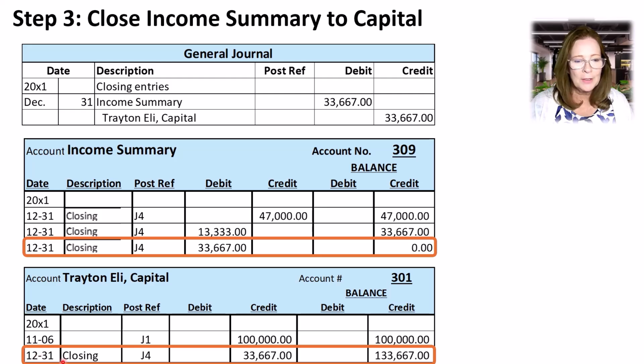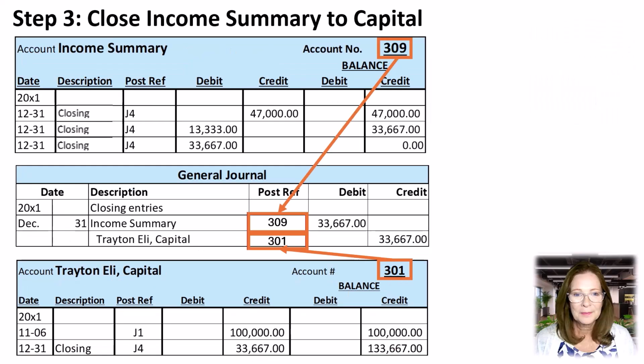We'll write the date into the date column, the word closing into the description column, the post ref J4 into the posting reference column, and $33,667 into the credit column. We now calculate the new balance in this account, which is $133,667. We now update the journal entry to show the account number 309 for the income summary account and the account 301 for the Trayton Eli Capital account.